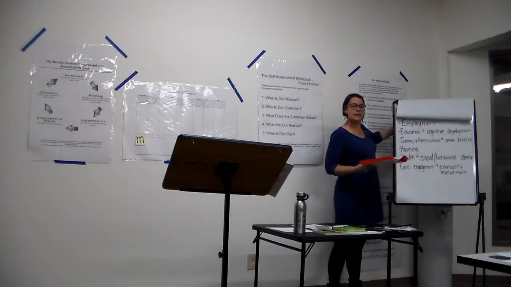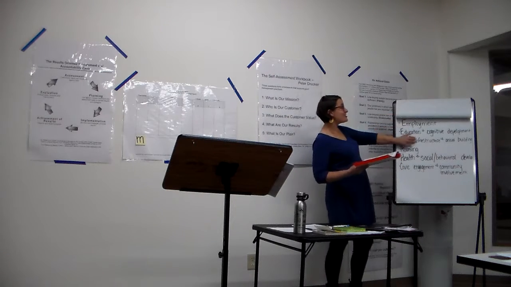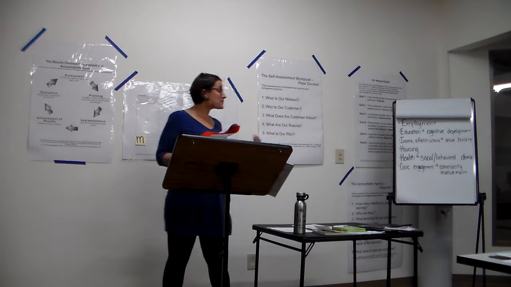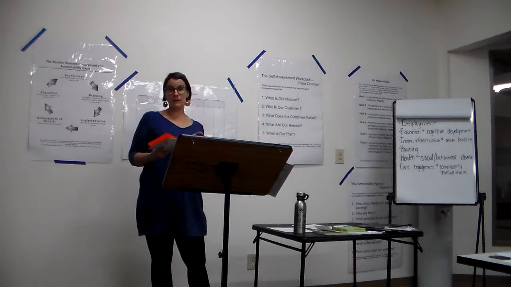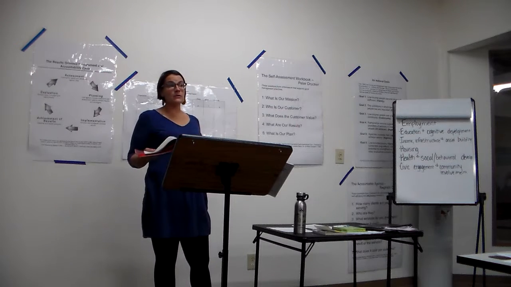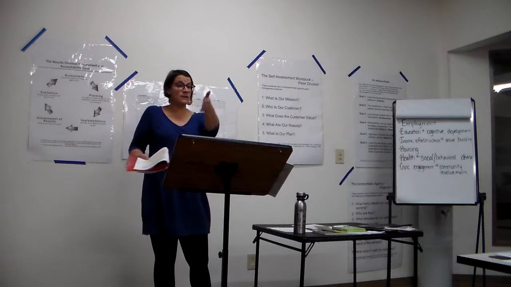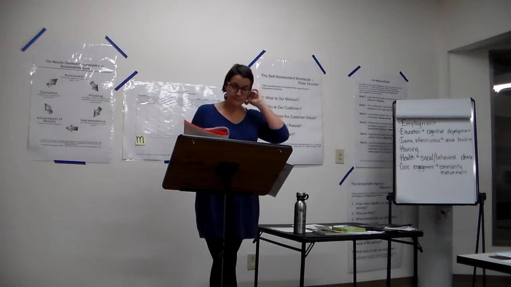So we have employment, education, cognitive development, income, infrastructure, asset building, housing, health, social or behavioral development, civic engagement, and community involvement. So again, these are reflecting those 3 levels that we have talked about throughout the day that are reinforced on the front page of our manual that we'll continue to build off of.